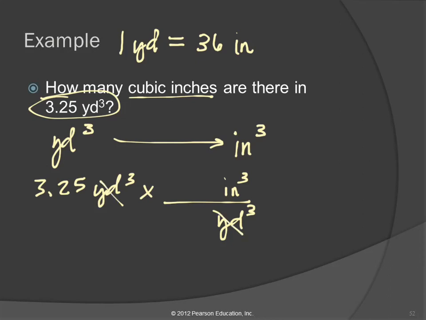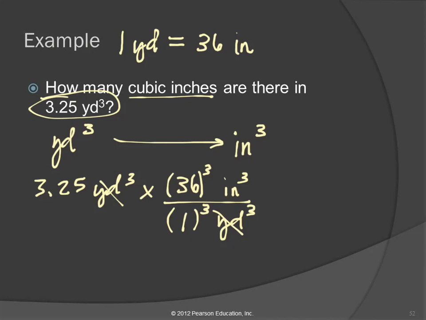What are the numbers? 1 yard is 36 inches. But a cubic yard is a lot more than 36 cubic inches. We have to cube the numbers also. One cubed doesn't matter, it's still 1.